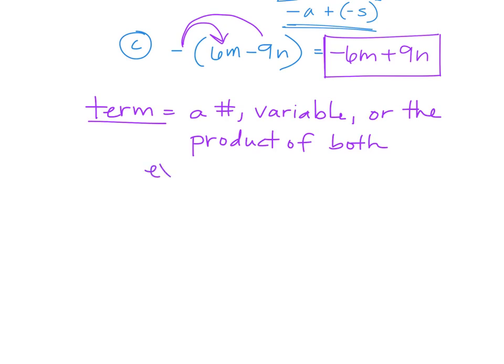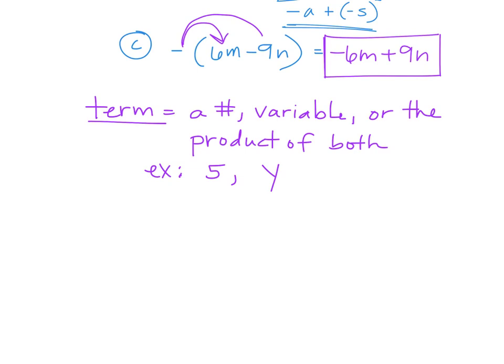So some examples of terms. The number 5 is a term, right? It can just be a number. The letter Y. That's a semicolon, sorry. It looks like a J, huh? We'll just do a comma. The letter Y. That's a variable.